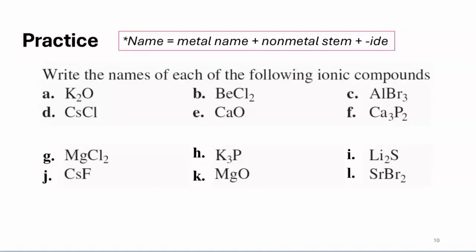The metal element always comes first, and we write the name of the element. Next, we write the nonmetal stem followed by the suffix IDE. Let's do some examples.